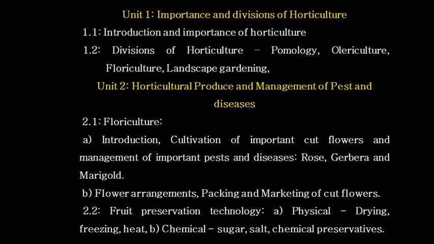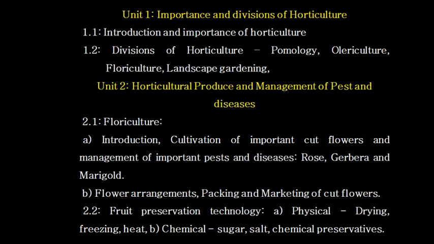In floriculture, we are going to study the introduction, cultivation of important cut flowers, and management of important pests and diseases. When we study various plants and do cultivation, there are microbial problems also. These are pests and diseases.